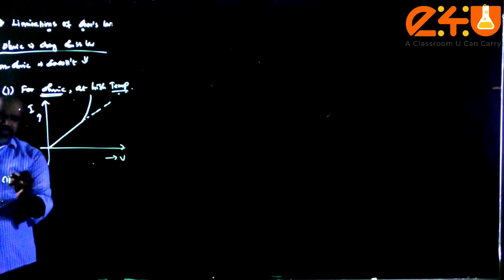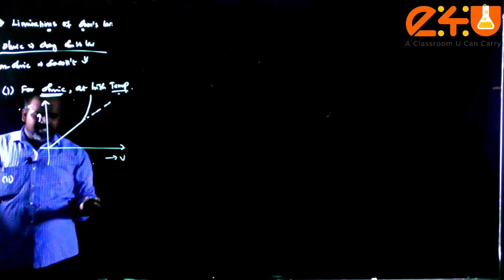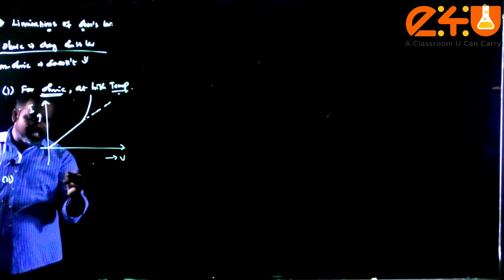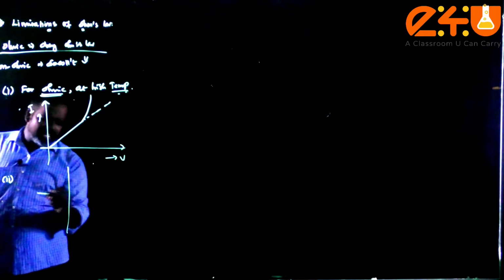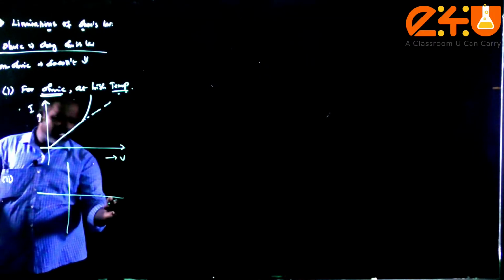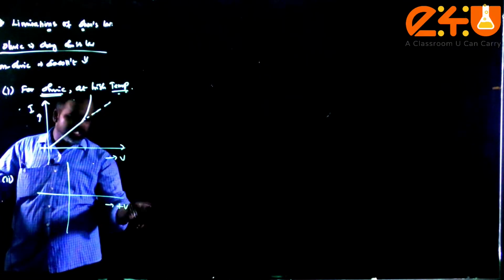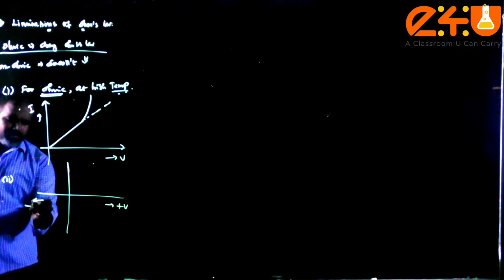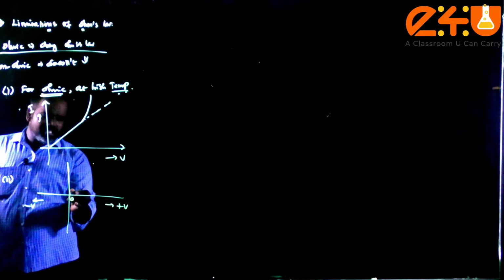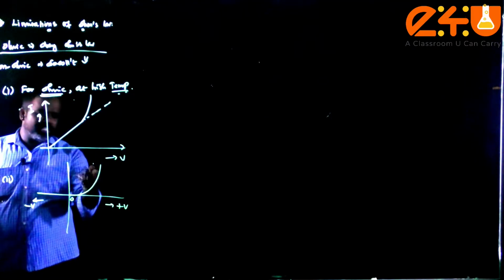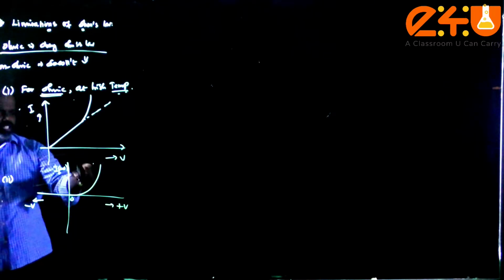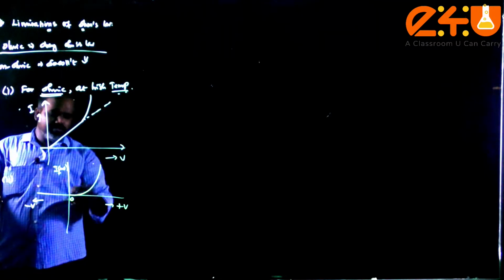The second one: consider substances like a semiconducting diode or semiconducting material, where the shape of the graph depends on the sign of the potential. Say this is the applied potential in the positive direction and this is the applied potential in the negative direction. For the diode, the graph variation will be like this. This is the forward bias current, which we will discuss in semiconductors.